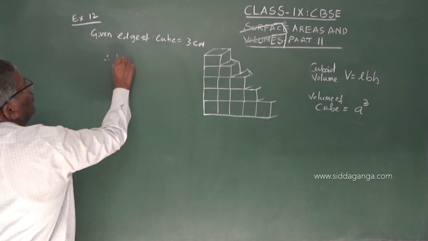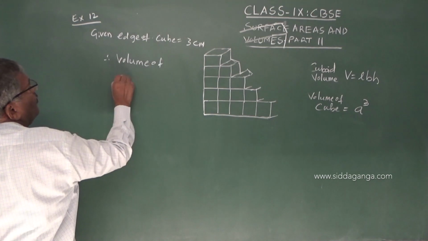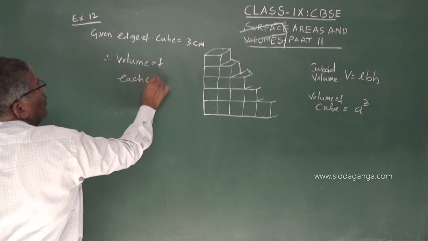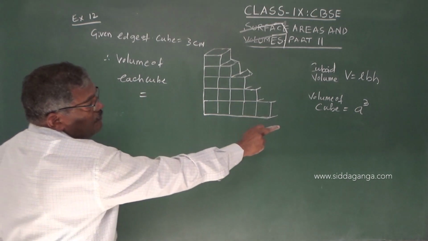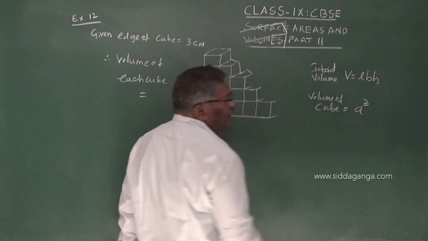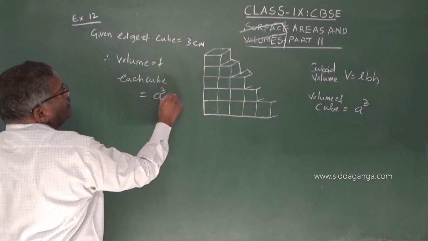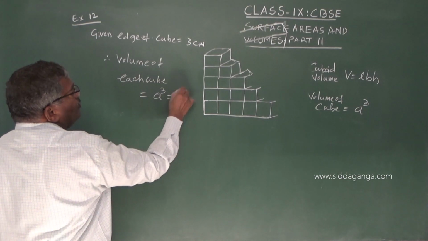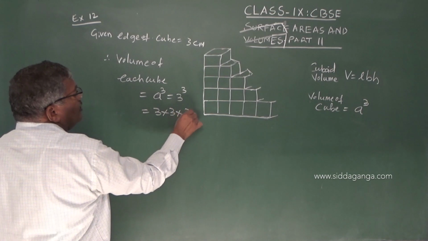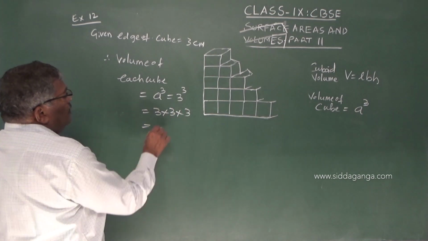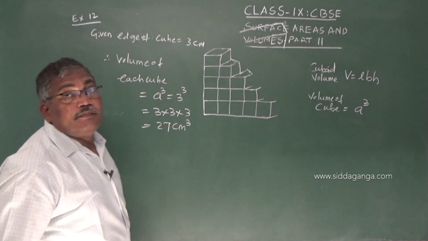Therefore, volume of each cube is equal to, we have this formula, volume of cube is a cube, where a is the side length. This is 3 cube, so that is 3 into 3 into 3. So 27 centimeter cube.